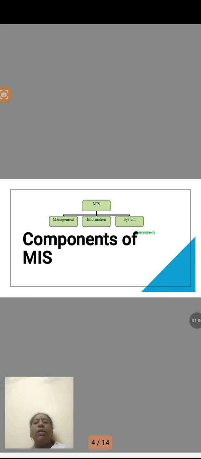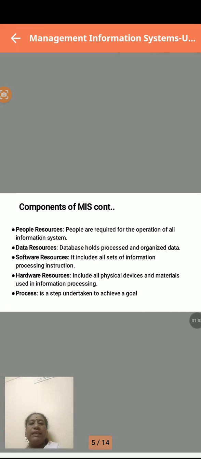Okay, and then what are the components of MIS? We have to follow these components. The first one is people resources, and data resources, and software resources, and then hardware resources and process. Already we discussed in the introduction of our topic.